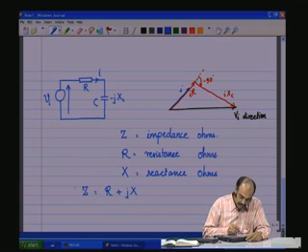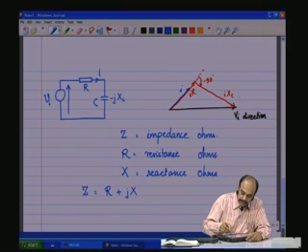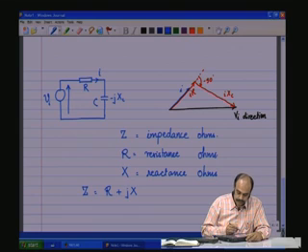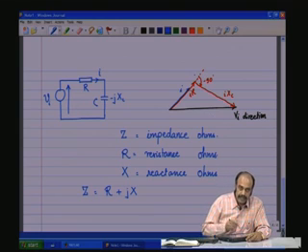How does this come about? When you look at this phasor diagram here, it could be either the VI direction phasor diagram or the I reference phasor diagram.